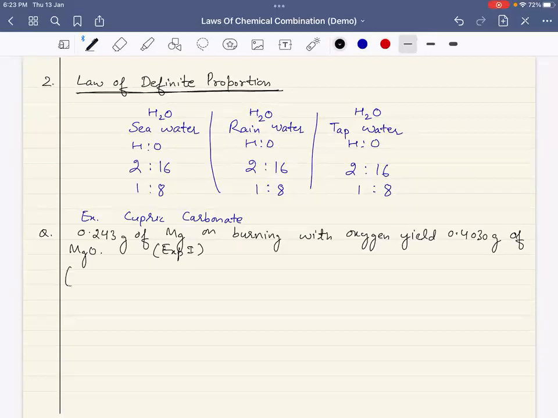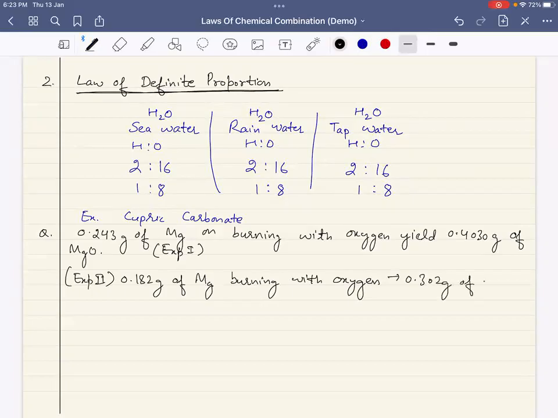And from experiment number 2, 0.182 gram of magnesium burning with oxygen gives 0.302 gram of magnesium oxide.